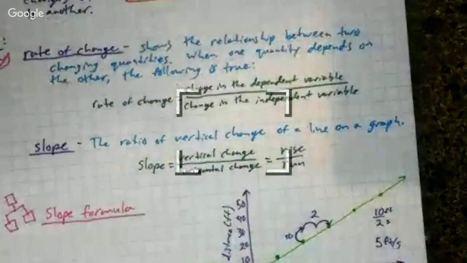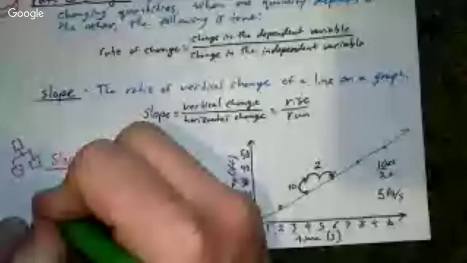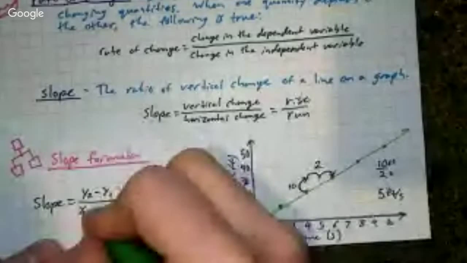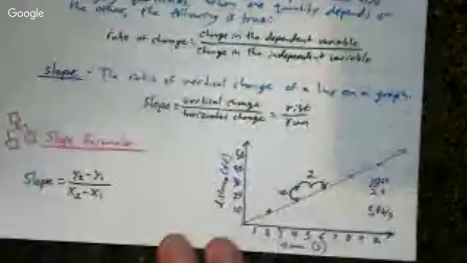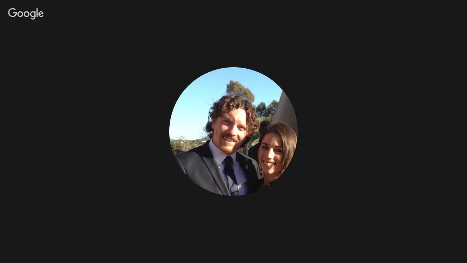And anytime you want to calculate the slope of a line, remember this formula, which is slope equals y2 minus y1 over x2 minus x1. And if you look, all you need to calculate slope is 2 points. So that's our slope formula. Go ahead and write that down.